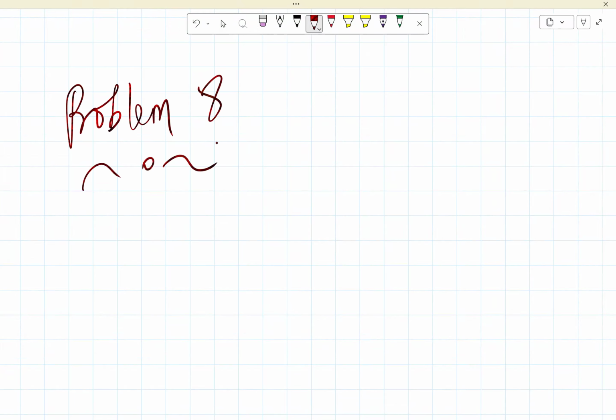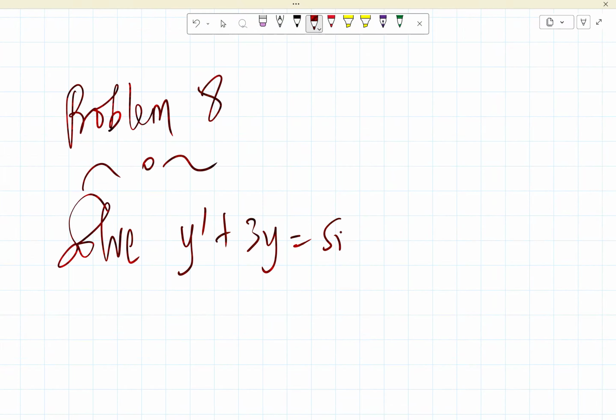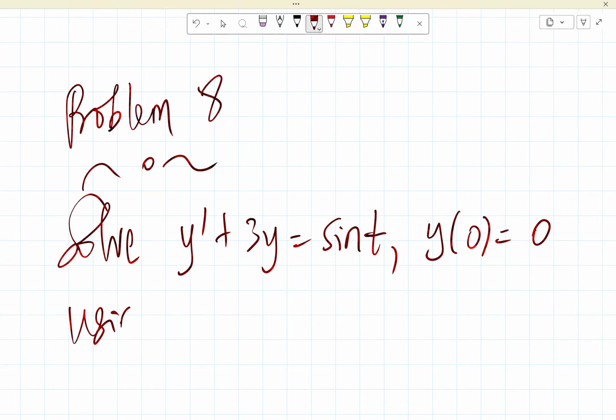Okay, so problem 8 is the first one. Solve y prime plus 3y equals sine t, where y of 0 is equal to 0, using Laplace transforms.